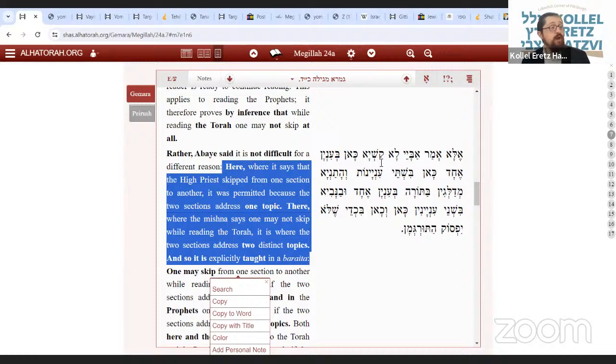We only have to roll one column over. So you can't even tell that they're actually moving over from place to place, from chapter to chapter. And it's the same topic: Hashem forgiving the Jewish people for sinning during the time with the golden calf. So if it's one topic, you are allowed to skip around from place to place when reading the Torah.